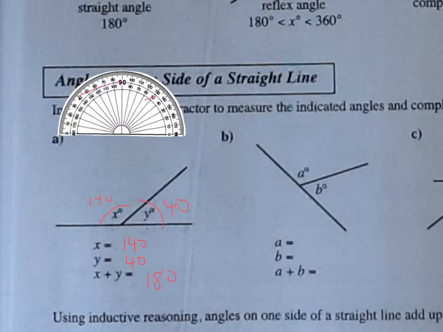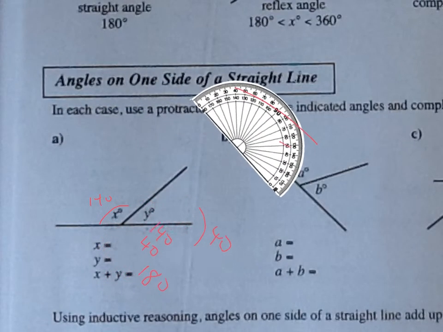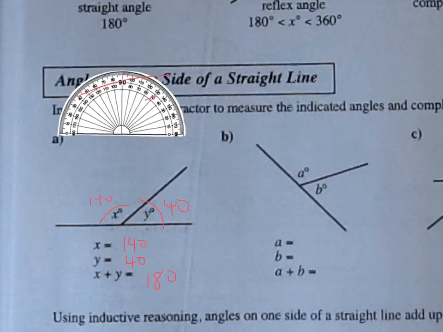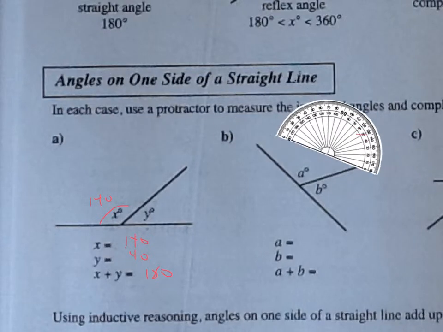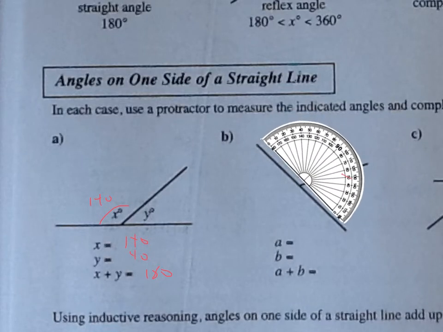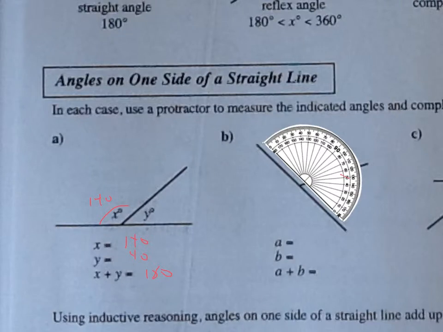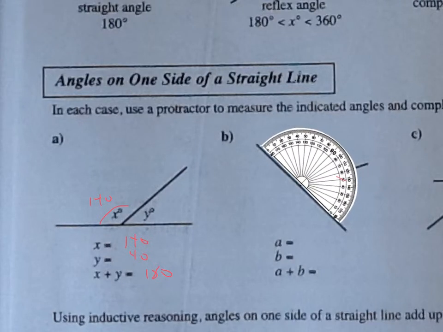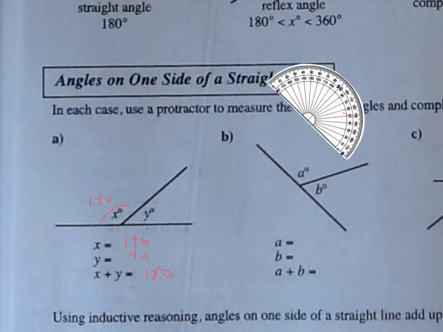I'll do the same thing for the next one. Sorry, that's 140, 40, and together they're 180. Again, let's set this up. That looks about to be, let's go with 120.